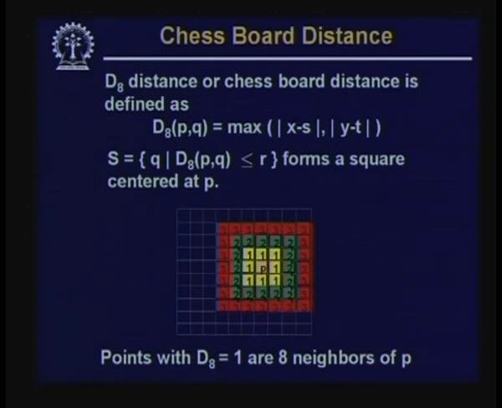And following the same argument, here you find that the set of points with a chessboard distance of less than or equal to r now forms a square centered at point P. All the points with a chessboard distance equal to 1 from point P are nothing but the 8 neighbors of point P. Similarly, the set of points with chessboard distance equal to 2 will be just the points outside the points having a chessboard distance equal to 1.